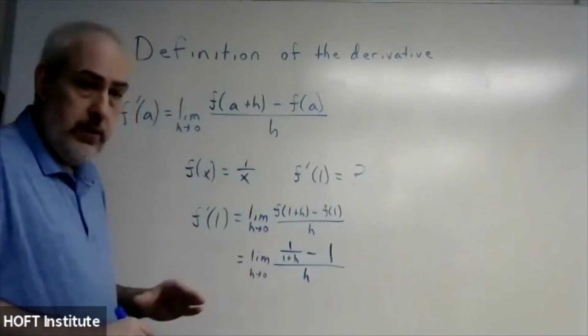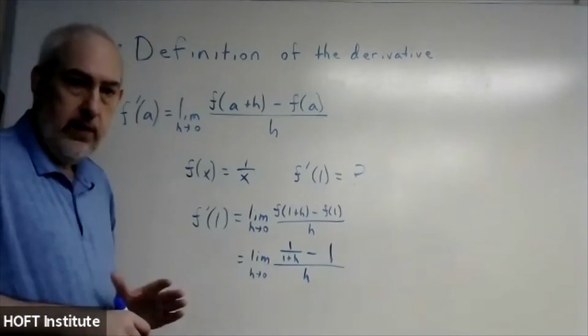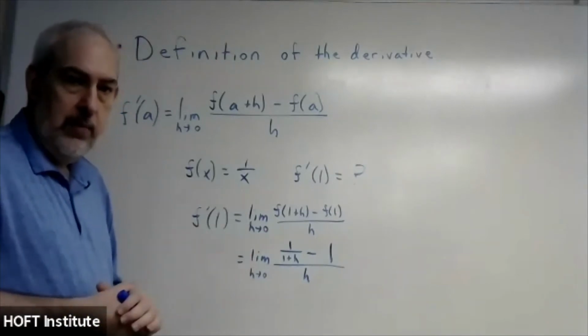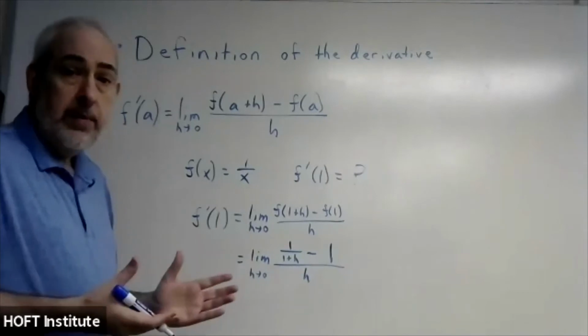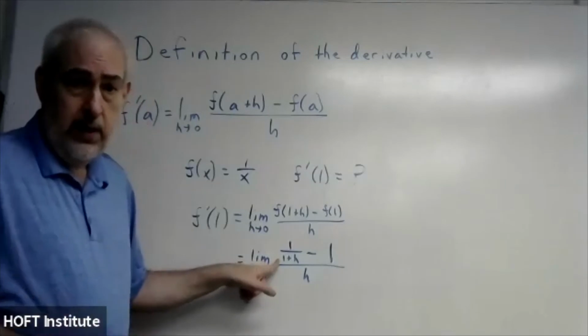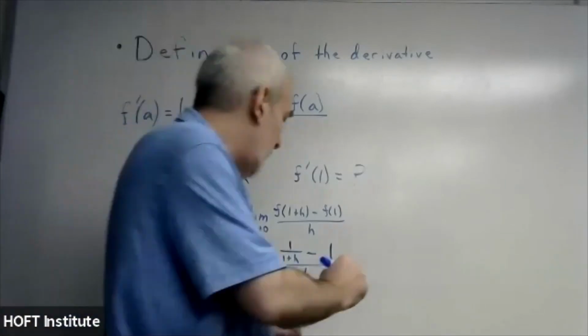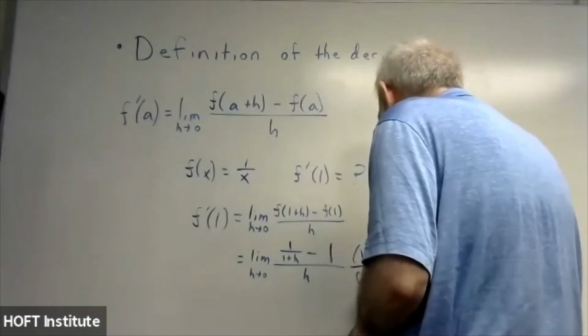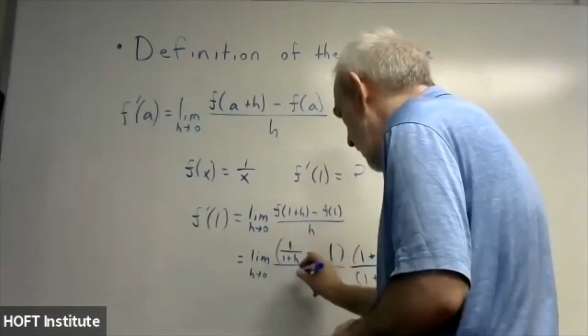Now we have a fraction on top of the main fraction, and this is another thing we've talked about previously in simplifying limits. In this type of limit, you want to multiply by the least common denominator of all of your little denominators. We only have one little denominator, that's the 1 plus h. So I'm going to multiply by 1 plus h on the top and bottom.